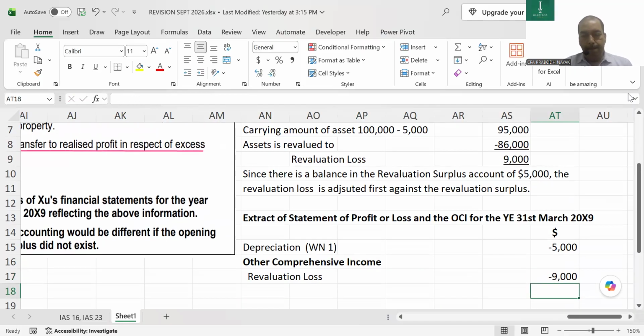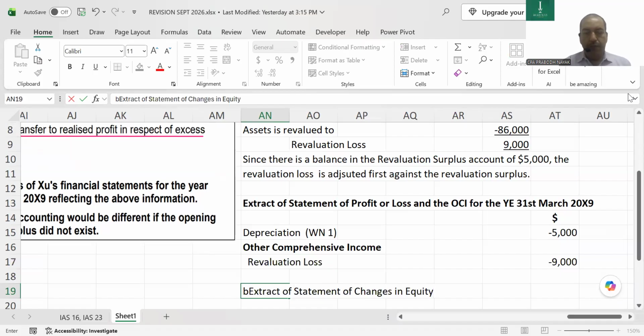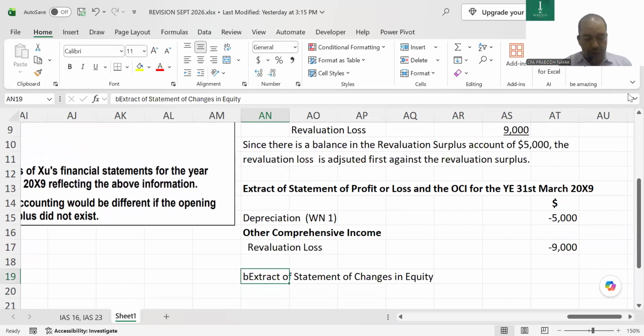Okay. नेक्स्ट में प्रिपेयर करूंगा extract of statement of changes in equity.